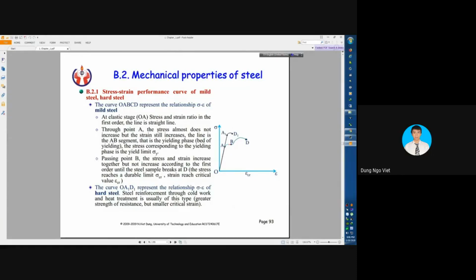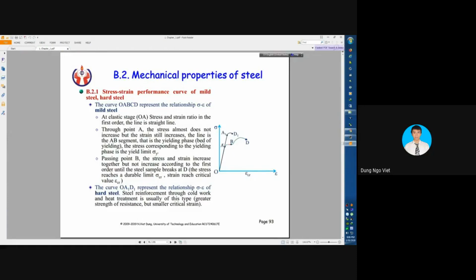Past point A, the stress almost does not increase, but the strain still increases. This is the AB segment, the bed of yielding or yielding phase, and the stress corresponding to the yielding phase is the yield limit sigma y.